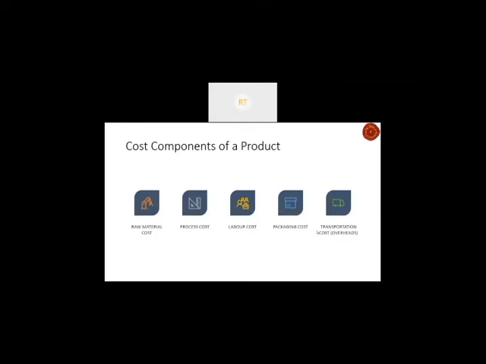It would be interesting for you all to know that many times we discount packaging cost, but there is a lot of effort and money that goes into packaging the product so that it reaches the intended markets safely and on time. So there is a good share of packaging cost in the overall cost of the product.